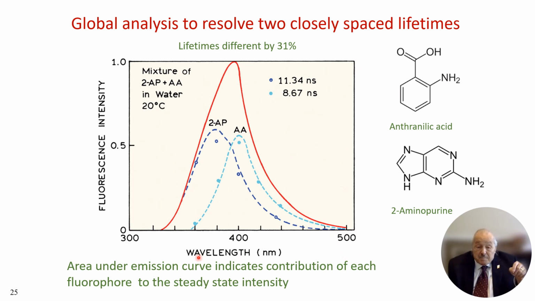We can anticipate that the contribution of each fluorophore to the decay is equal to the area under the emission spectra, that is, the product of alpha sub i and tau sub i. This particular mixture was measured at 5 emission wavelengths, I believe.